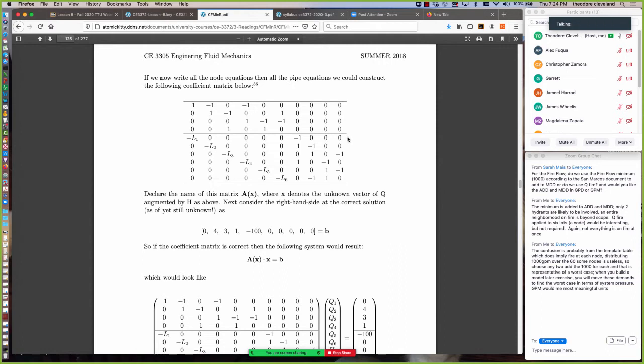And then moving into the pipeline model, in this particular case, we set it up so that the first row of the pipeline partition happened to correspond with our fixed grade node. And if we'd had a node 0, which would have come between these 2 columns, we would have had a 1, we would have had H0, total head at node 0, minus L1 equals total head at node 1.